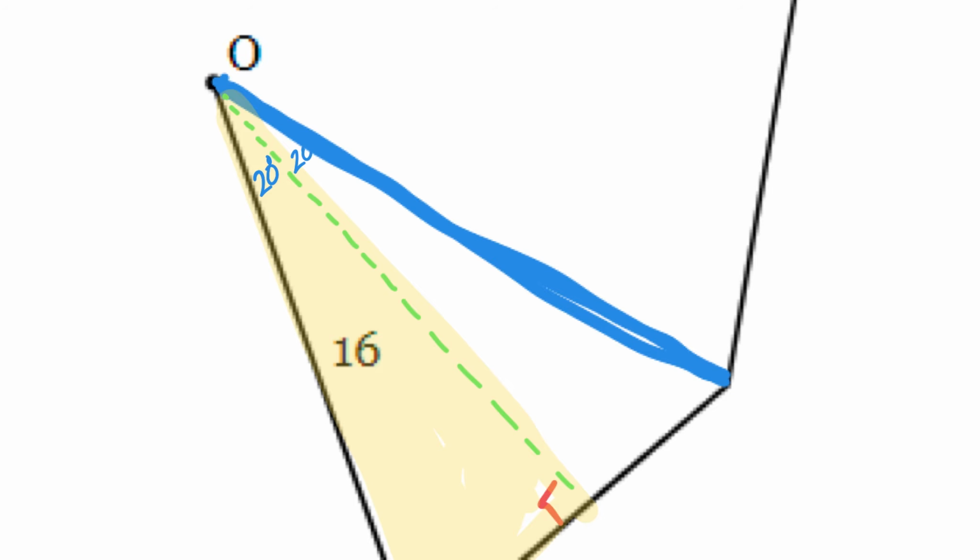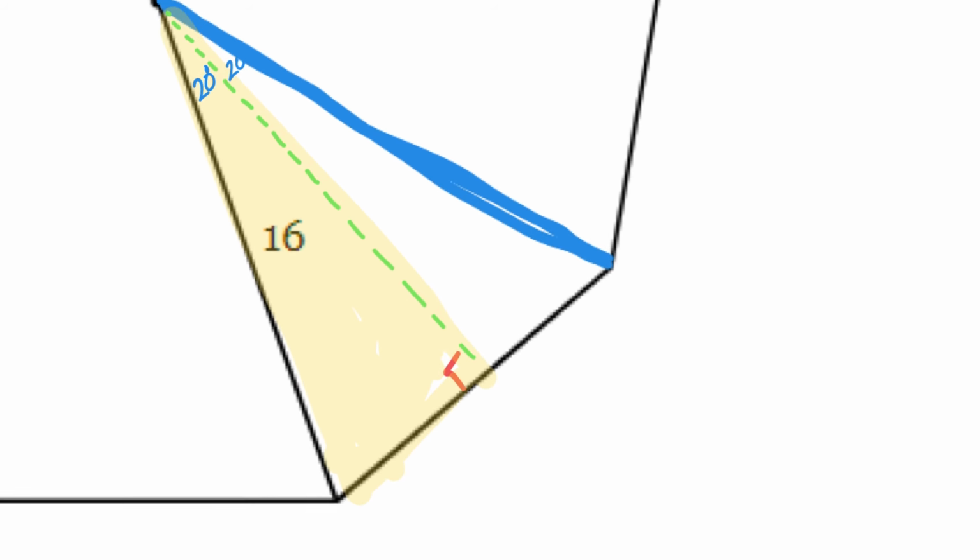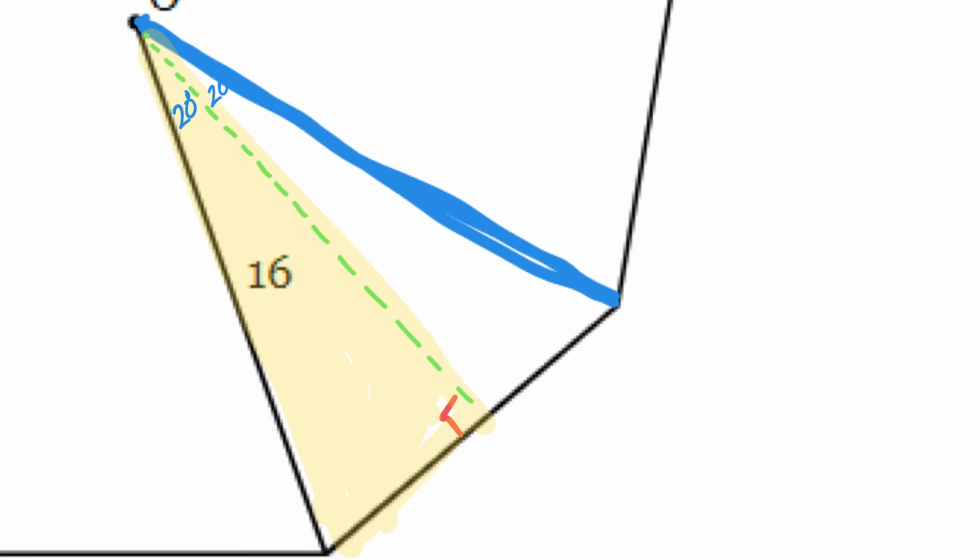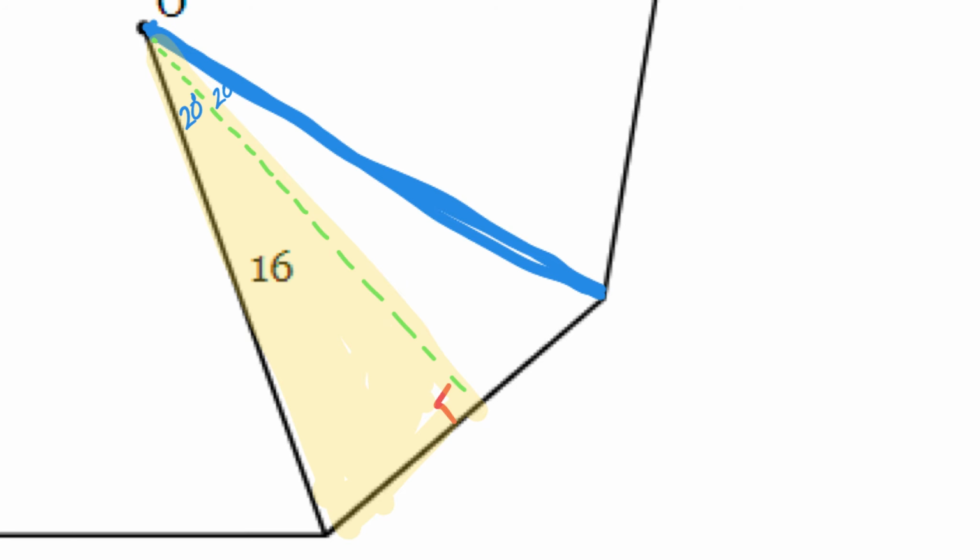The other side's also going to be 20 degrees for a total of 40 degrees. So we need this part of our triangle. On our triangle, we have the hypotenuse, and we want the opposite.